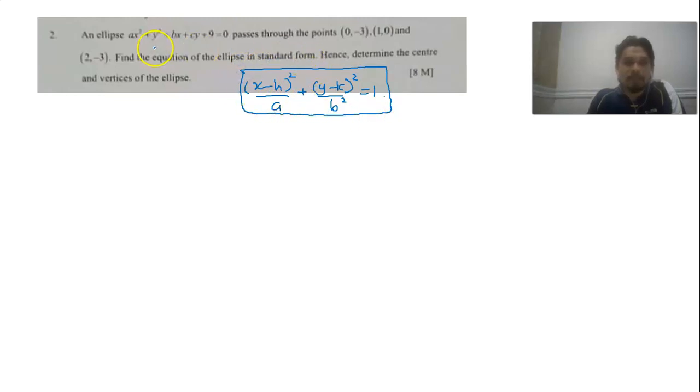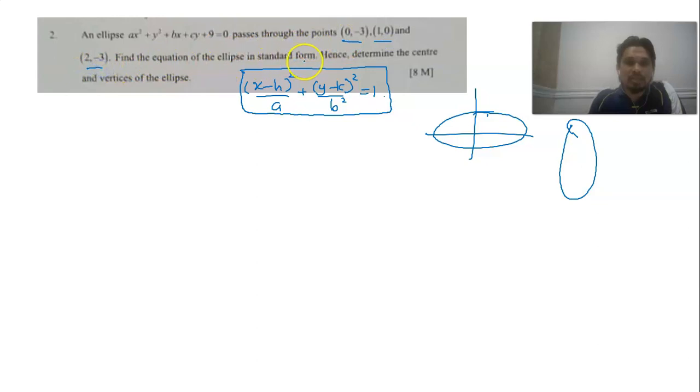But then for this question, the ellipse could be in this shape or a vertical shape. So the only thing given to us are the 3 points, for the equation in standard form.